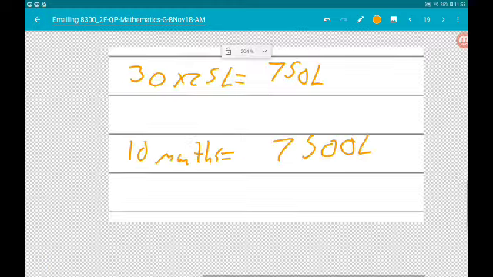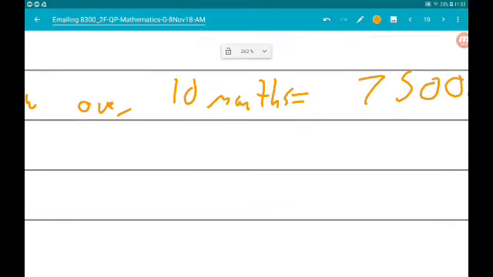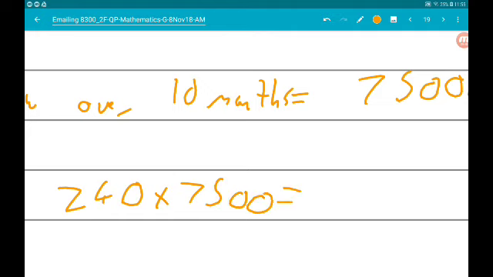Now there are 240 cows, so 240 times 7,500 is going to give us, bear with me, 1,800,000 litres.